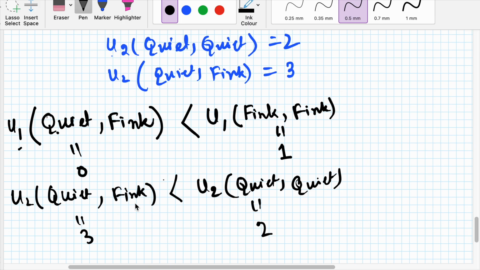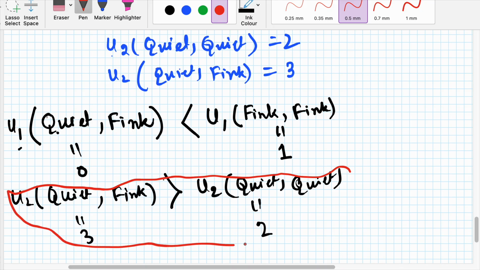So there is no incentive to change from fink to quiet. However, for player 1 there is an incentive to change her strategy from quiet to fink. So player 1 will always change her strategy from quiet to fink. That's why it is not a Nash equilibrium.